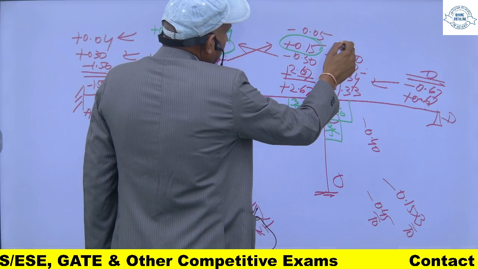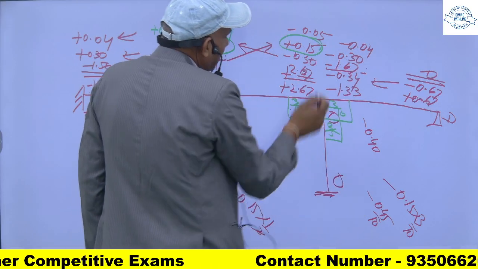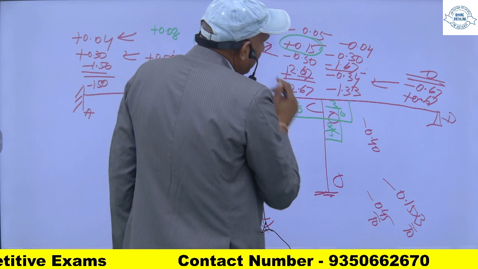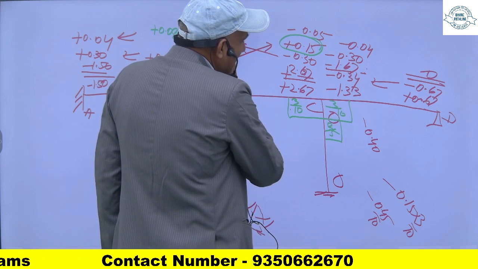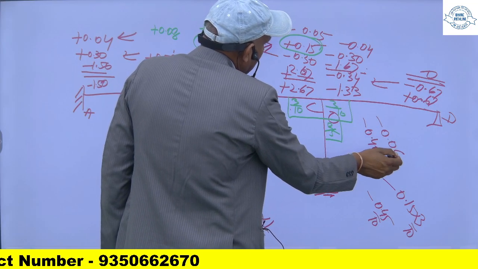This you can take slightly less, so that the sum will be 0.15. So this you can say 0.06.